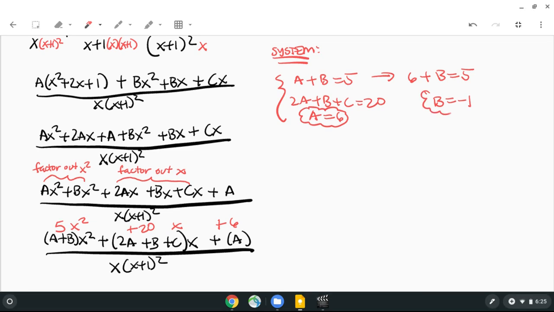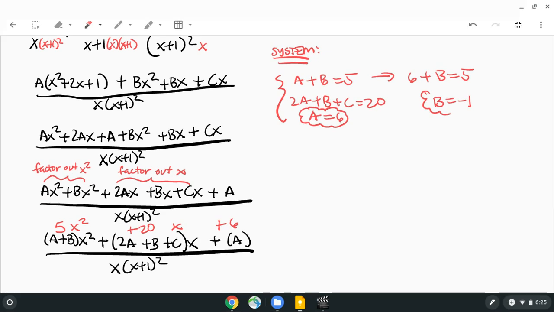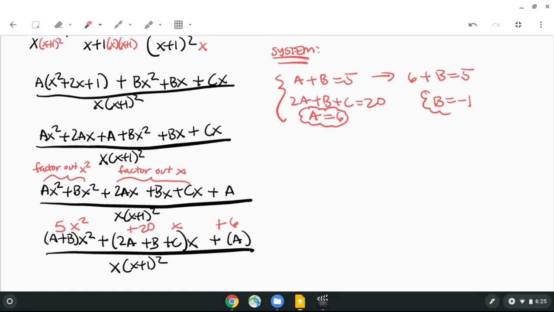That's another one. Now I'm going to plug these into that second equation. So 2 times 6 minus 1 plus c equals 20. All I'm doing is plugging a and b into that second equation.